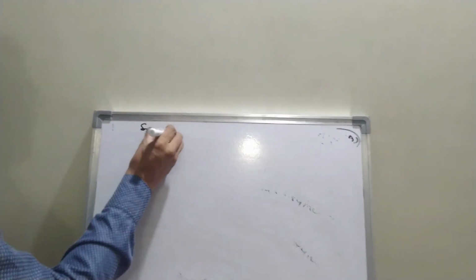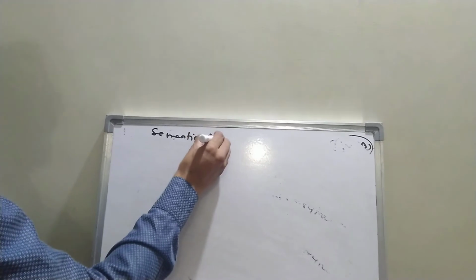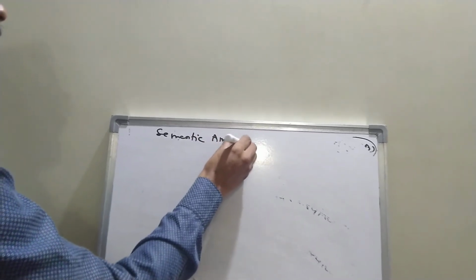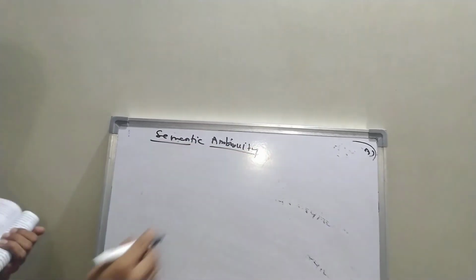Now let us see the third one, semantic ambiguity. Semantic ambiguity occurs when the meaning of the words themselves can be misinterpreted. For example, the meanings of the words in the phrase can be combined in different ways, leading to different interpretations. That means the meaning goes in different ways.